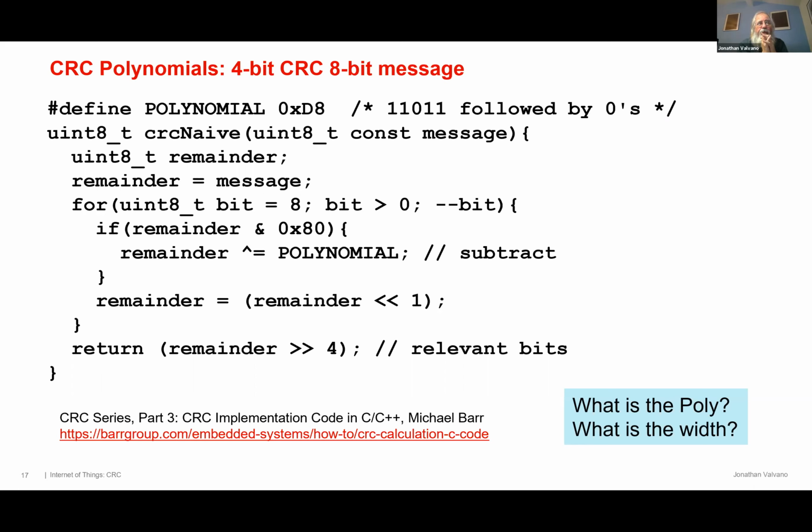it 8 times. And you remember the reason, Caleb said it, and I think somebody said it. We're going to decide whether or not to subtract if the most significant bit is a 1. That's this line of code right here.